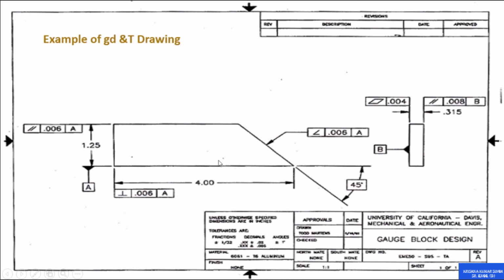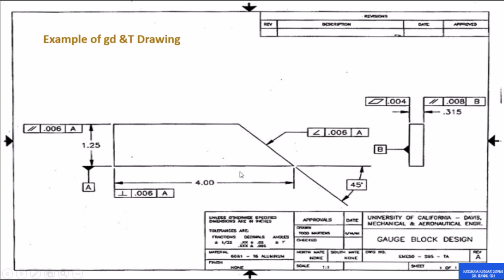Here you can see the flatness symbol and the value should not be more than 0.04. Again here you can see parallelism from the datum plane B, which means that the surface and the datum surface should be parallel, with a tolerance not more than the given value.